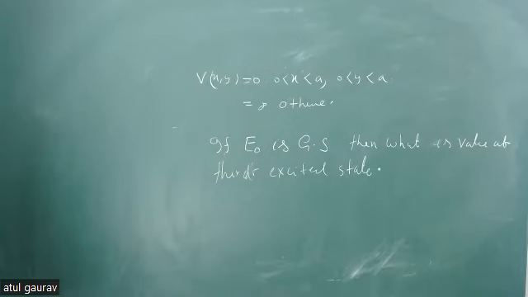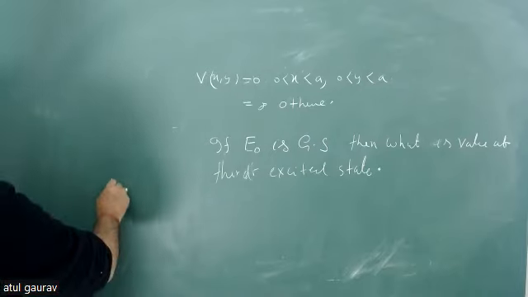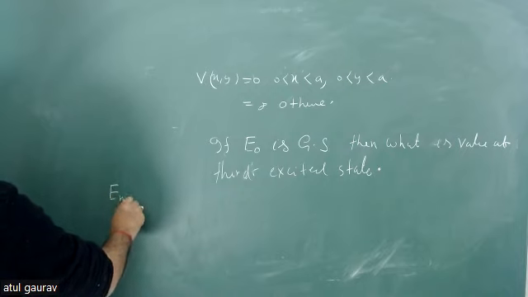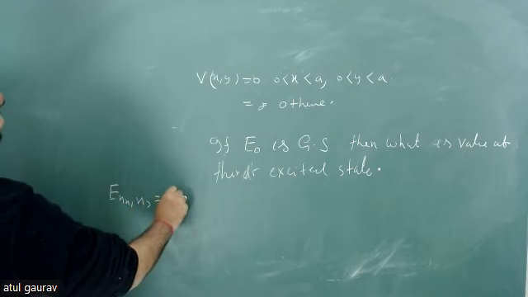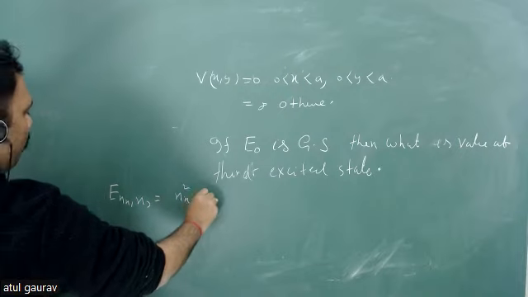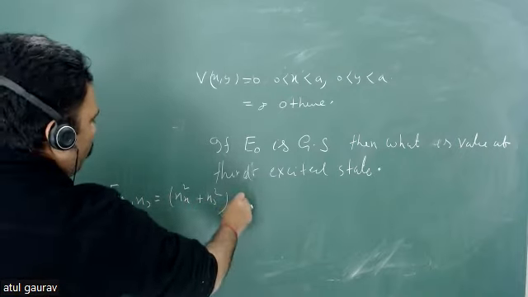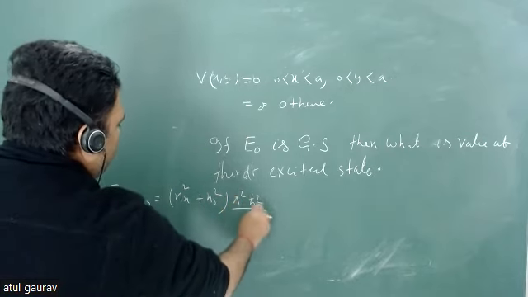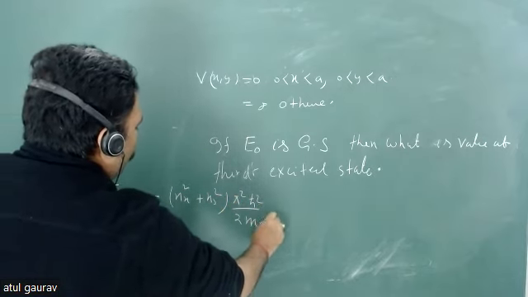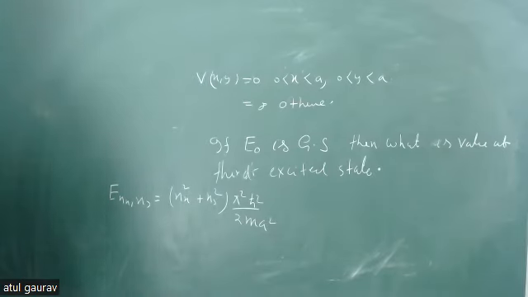How will you solve it? So what is your E, nx and ny? E is nx square plus ny square times pi square h cut square upon 2 m a square. So what is it for the ground state?